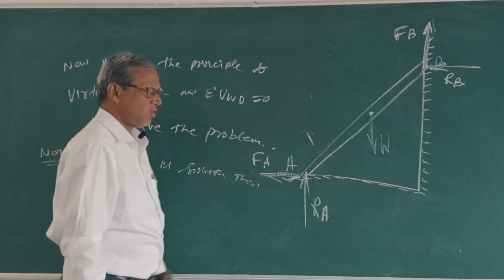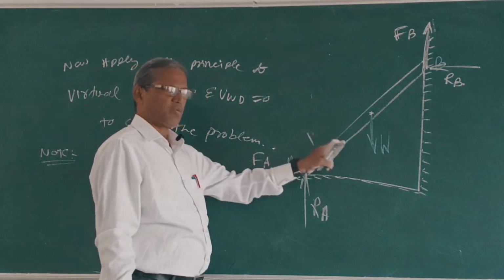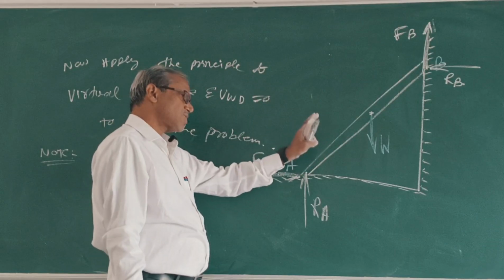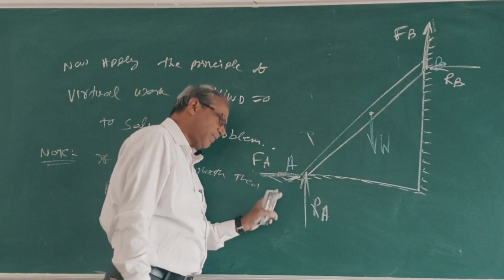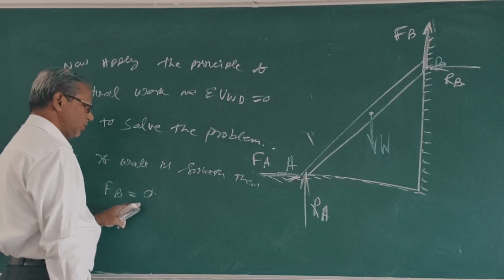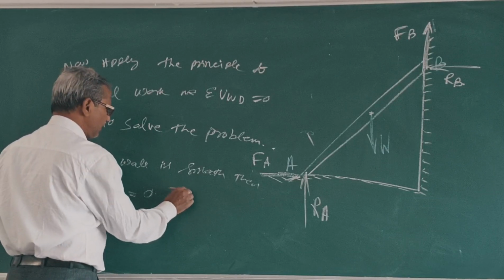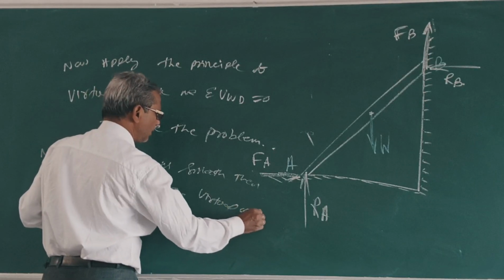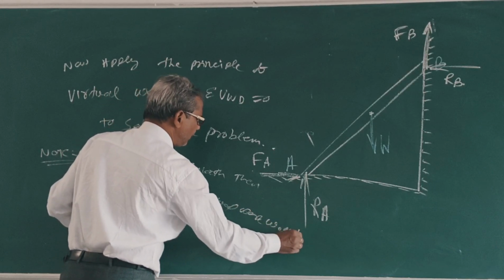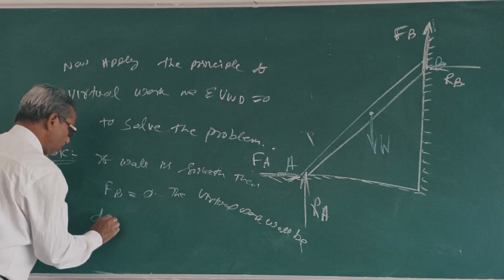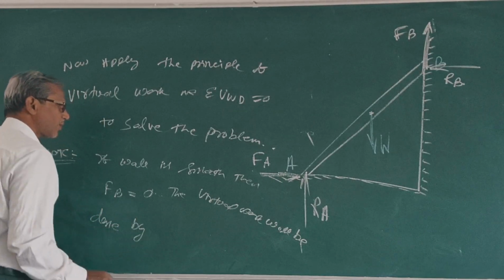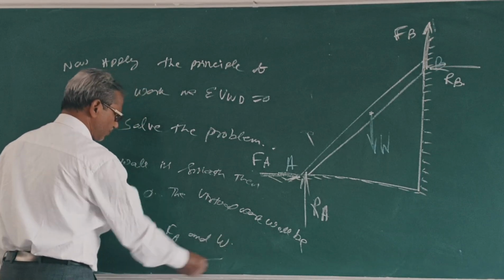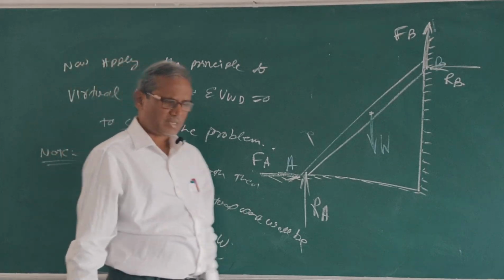Only work will be done by FA and W. First case, work will be done by FB, W, FA. If the wall is smooth, then FB is 0, then the virtual work will be done by FA and W. Clear? Next, lifting machine.